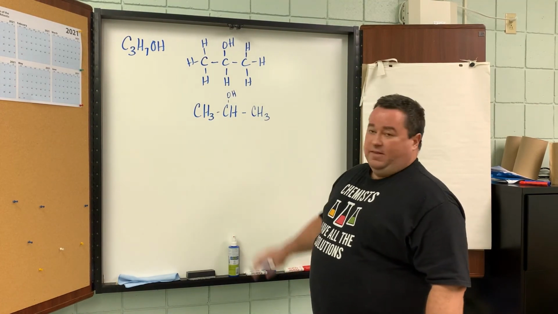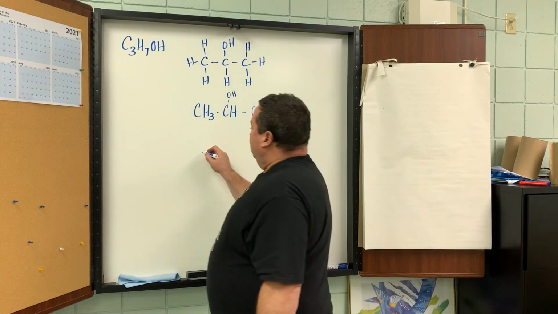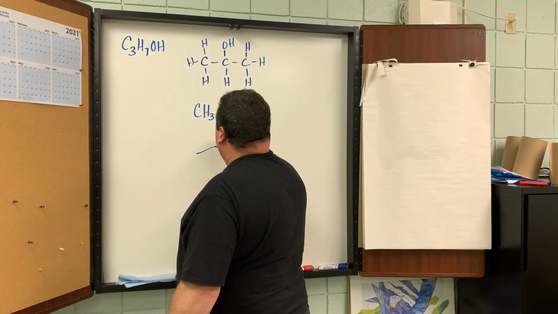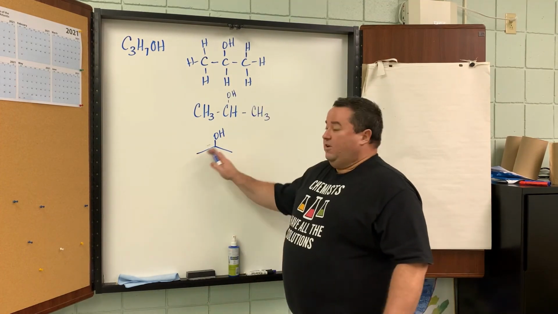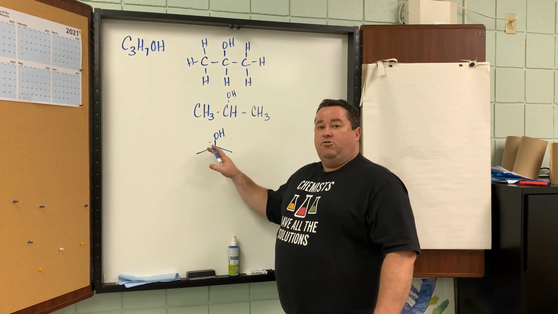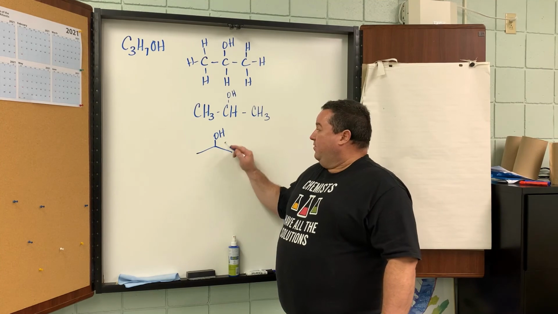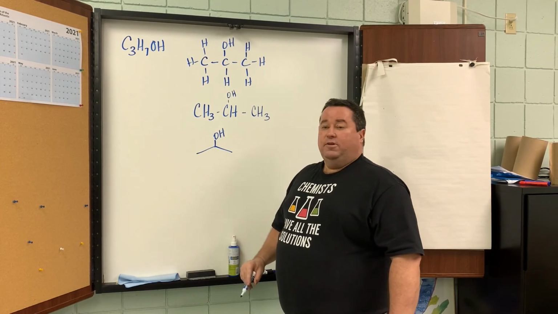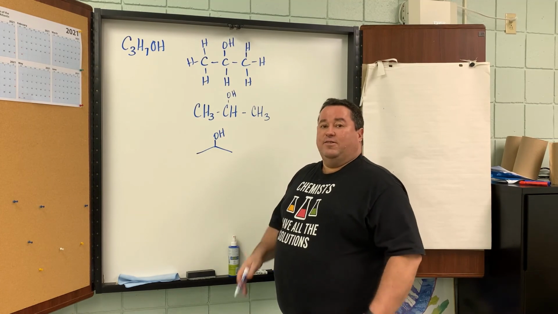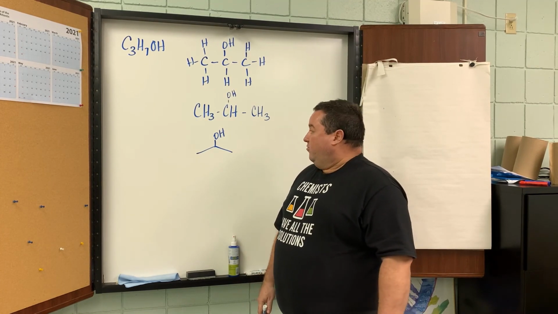So we'll show it like this. The geometric or line angle is shown like this. Although C's are not shown and H's are not shown if they're on carbons, the H, which is on the oxygen, is shown, and the oxygen is shown because it isn't a carbon or hydrogen.